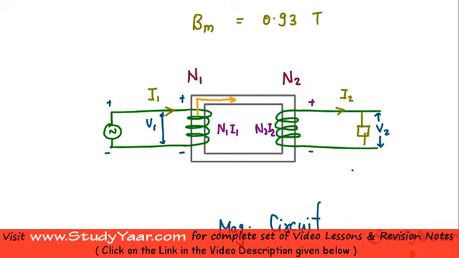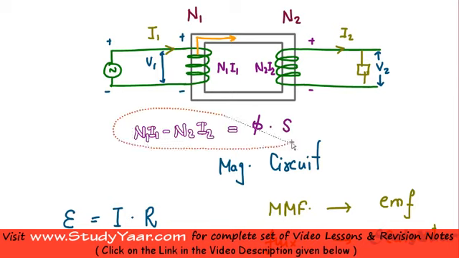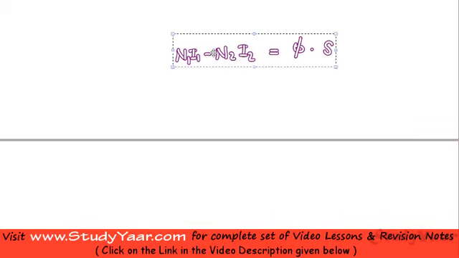Okay, since these MMFs are opposite, your net MMF across this magnetic circuit is N1 into I1 minus N2 into I2. Okay, that's your MMF, and this is equal to your flux flowing in the magnetic circuit into your reluctance of the magnetic circuit. I'll just copy this and we are going to analyze it over here.